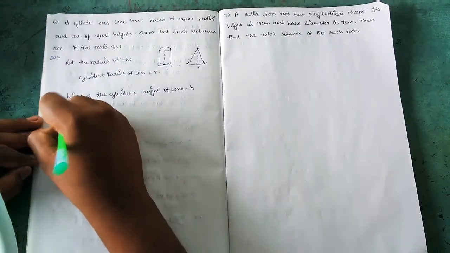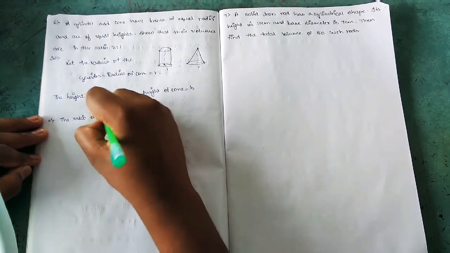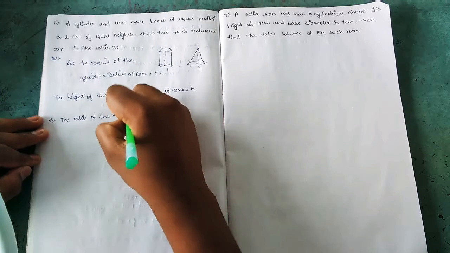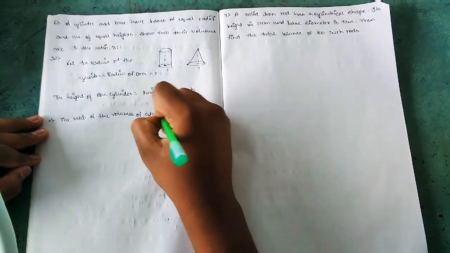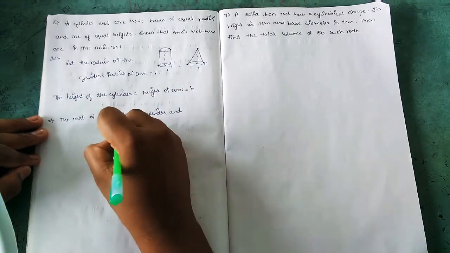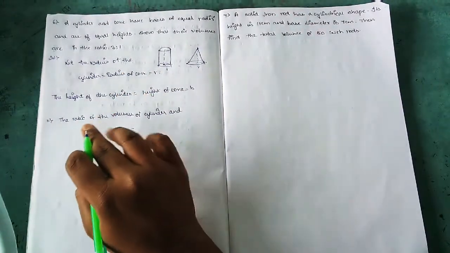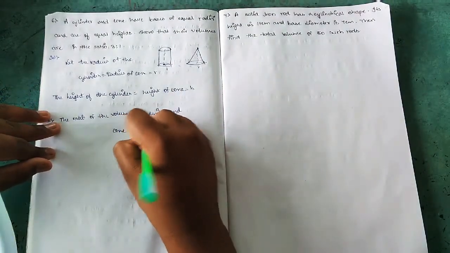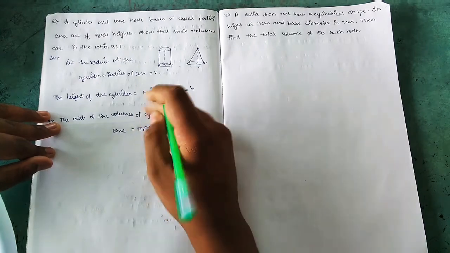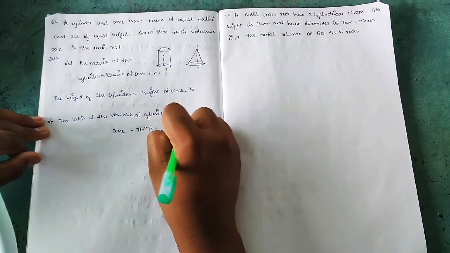So now the ratio of the volumes of cylinder and cone is equal to, so what is the formula of volume of cylinder? Volume of cylinder is pi r square h, and the volume of a cone is 1/3 pi r square h.